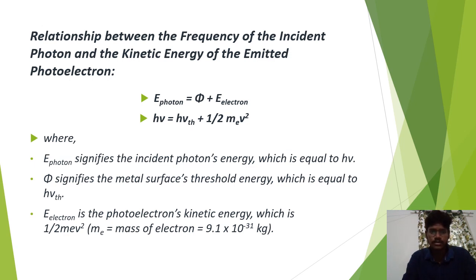Firstly, we know the equation E photon equal to psi plus E electron, and the second one is h nu equal to h nu naught plus half mv square, where E photon signifies the incident photon's energy, which is equal to h nu, and psi signifies the metal surface's threshold energy, which is equal to h nu naught, and E electron is the photoelectron's kinetic energy, which is half mv square. m is the mass of the electron, which is equal to 9.1 into 10 power minus 31 kg.